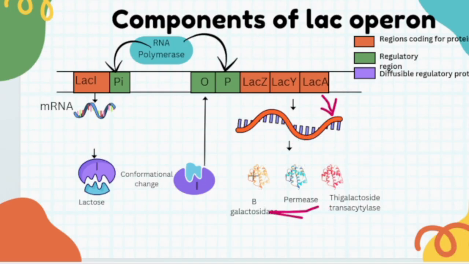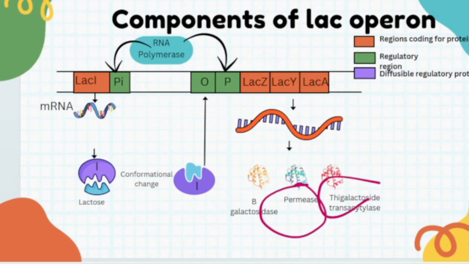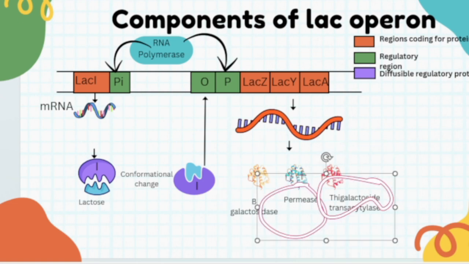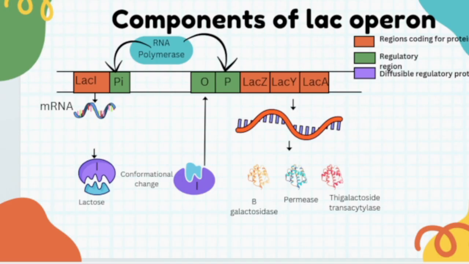It is a supporting or side actor of the lactose operon. What it does is detoxify the thiogalactosides which come along with the permease. With the action of permease, there is excess of thiogalactoside which comes into the cell, so it detoxifies this. So these are the functions of the structural genes of the lactose operon.